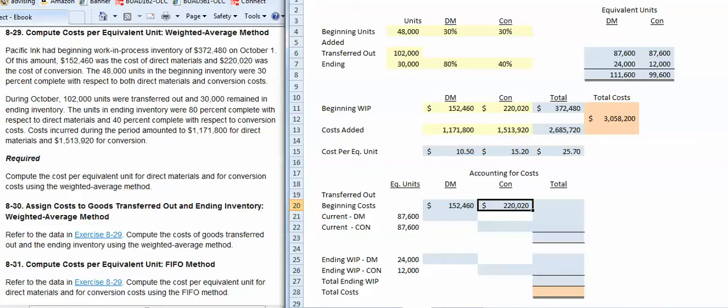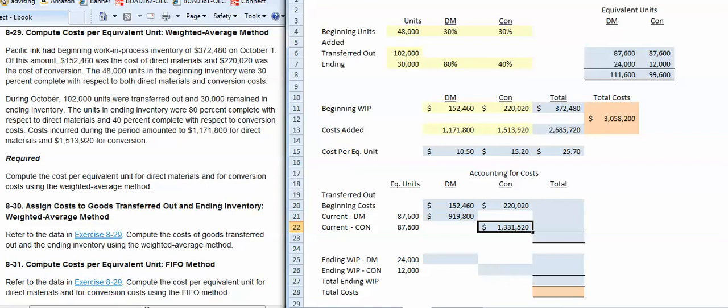Our current cost for direct materials then will be the 87,600 equivalent units for direct materials that we calculated above, multiplied by the $10.50 per equivalent unit cost. For conversion costs, we'll again take our 87,600 and multiply that by our $15.20 per unit for conversion costs.